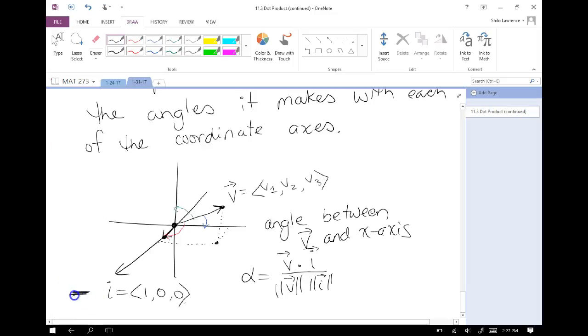This is our i vector over here. We've got components for it, so that makes it a little bit easier to see exactly what we're multiplying. What is v dotted with i? Remember, multiply corresponding components and add the results.